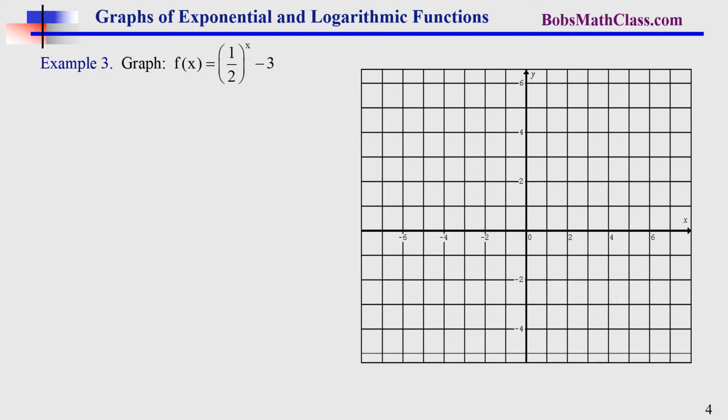So that's where your horizontal asymptote is, y equals -3. So whatever number that k is on the outside, if it's a +5, then it's at y equals 5. If it's a -100, then it's at -100. Hopefully it's not 100. Okay, so go to -3 on the y-axis and draw your horizontal asymptote.